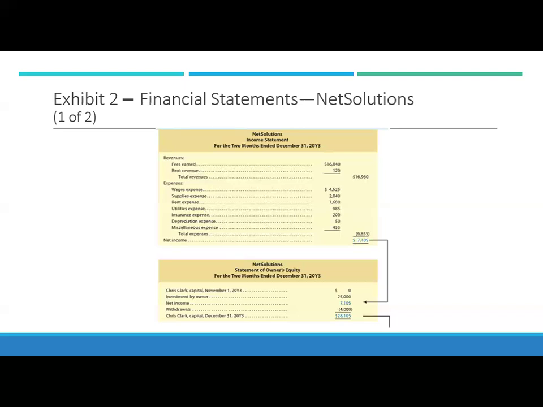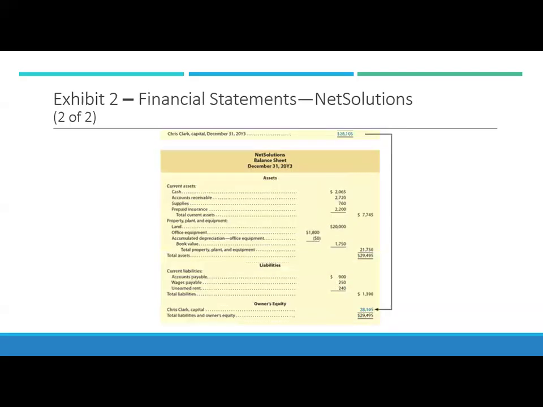Then the withdrawals, that would be the drawing account on the trial balance. And then we have our ending capital balance, and that goes from the ending capital on the statement of owner's equity to the capital balance on the balance sheet. And then we also take all of the balances for balance sheet accounts directly from the trial balance.